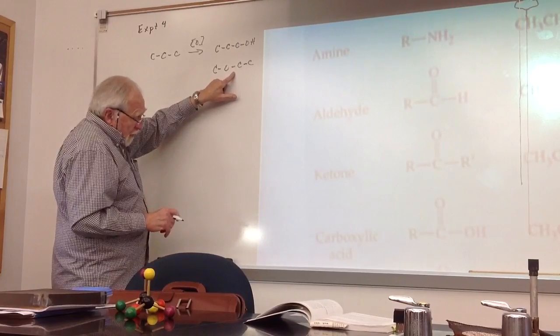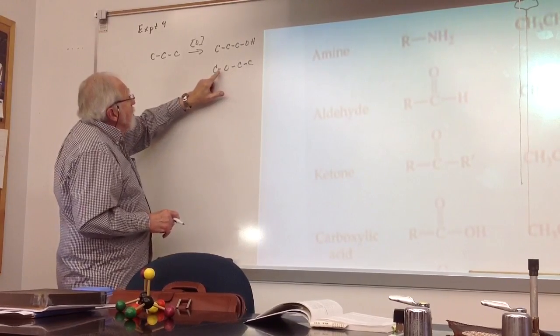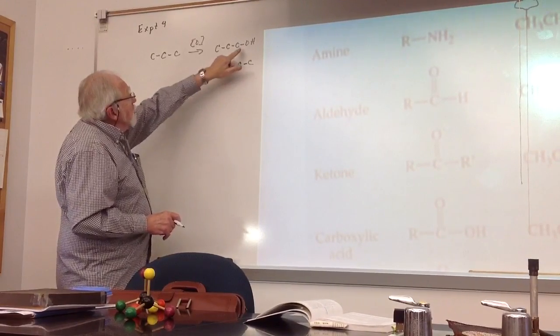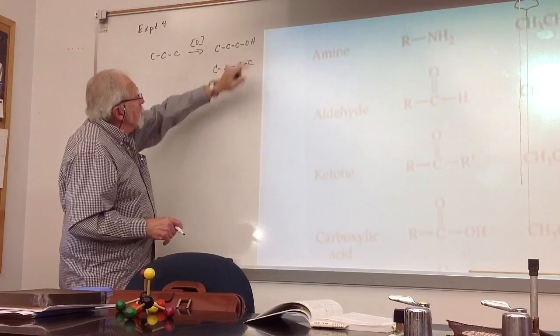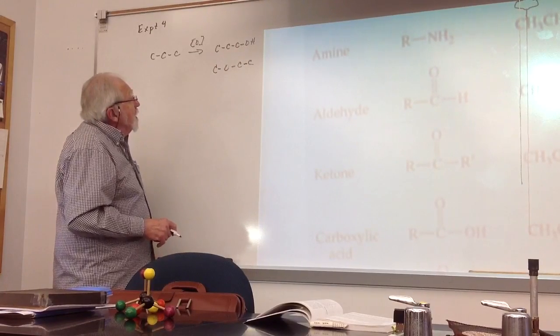Actually, it's sort of a bent structure. But this would be the ether structure. This, where you have the oxygen attached by a single bond to the hydrogen, is the alcohol.